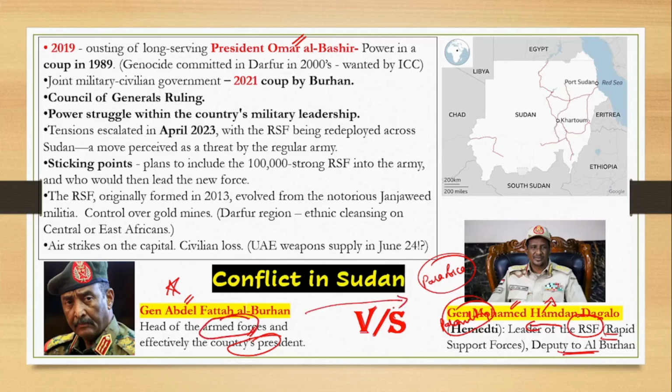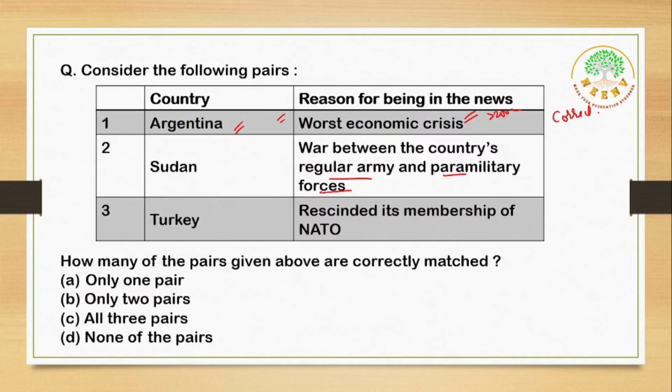This is a quest for power, and in a separate video, we have already uploaded a whole 15 minute video explaining this conflict, what are the reasons and concepts. Please go through that video. So the second statement, which says war between the country's regular army and the paramilitary forces, is also correct.